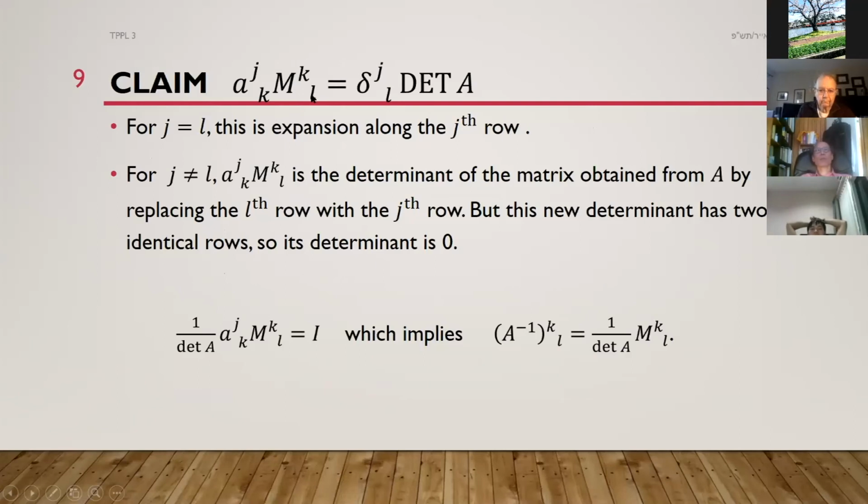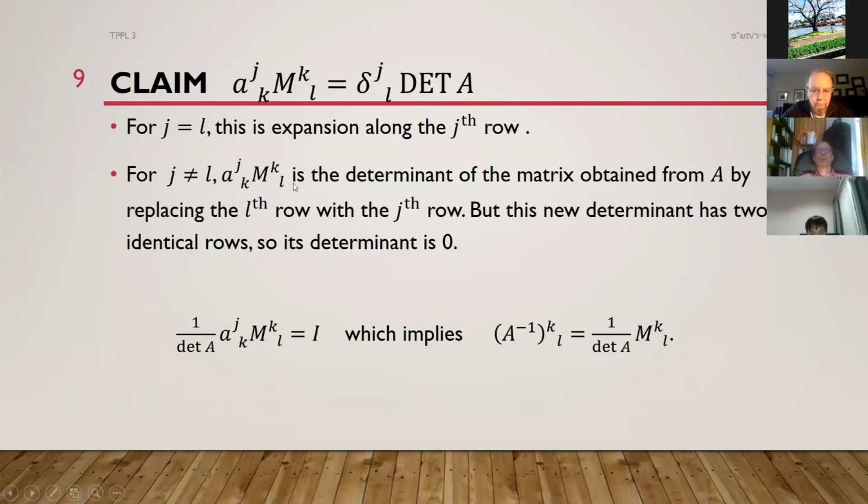If J is not equal to L, and you still use these minors, now you're using the wrong row. You're using the minors, which are created by removing the Lth row, but you're not using the right coefficients.